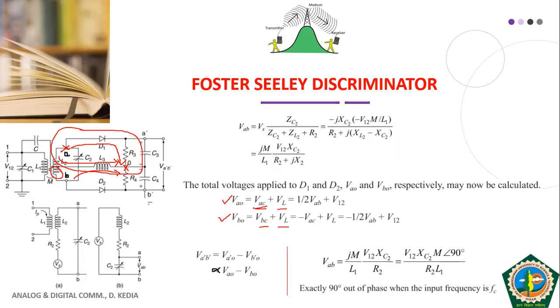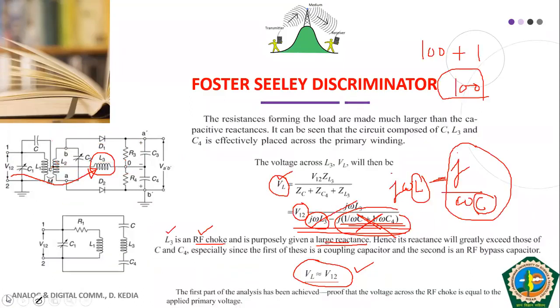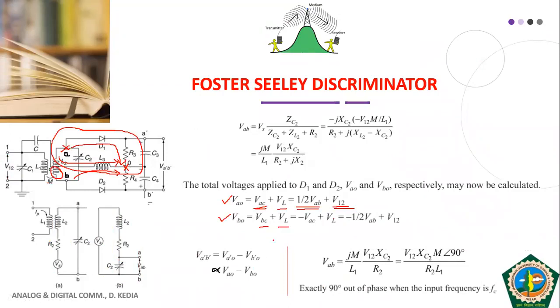Now what is VAC? That is the half secondary voltage, that is half of VAB. And what is VL? VL is V12. If you remember, we proved in the previous slide that the voltage across this RF choke, VL, was equal to V12. So the same thing we have utilized here: VAO is equal to half of VAB plus V12. Similarly, VBO is minus half VAB plus V12.